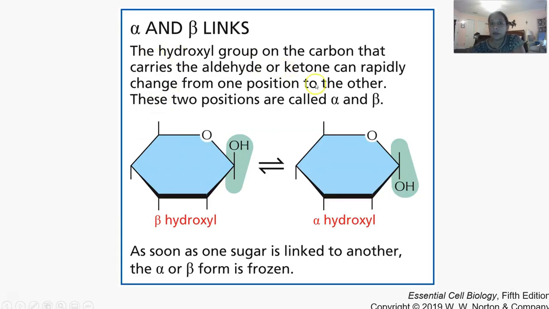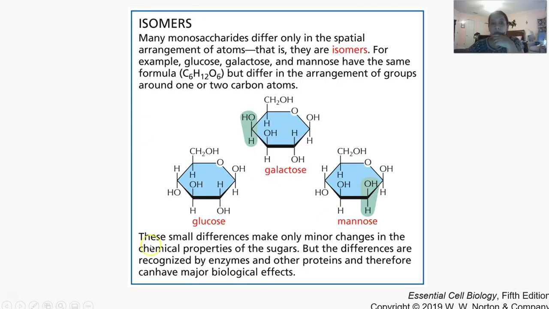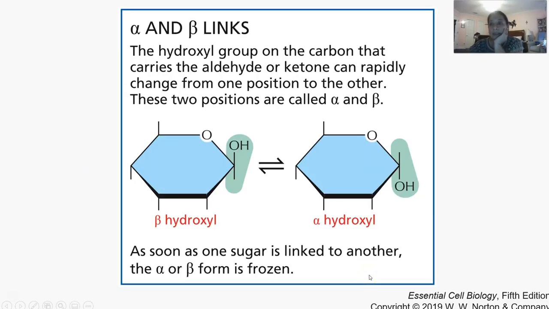So the hydroxyl group on the carbon that carries the aldehyde or ketone can change. These isomers basically form, right? So it's basically them switching back and forth along that axis. This forms because it can rapidly go from one position to another, and these two positions are called alpha versus beta hydroxyl.